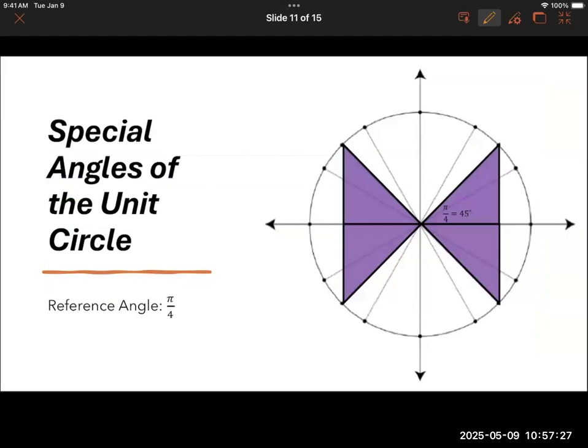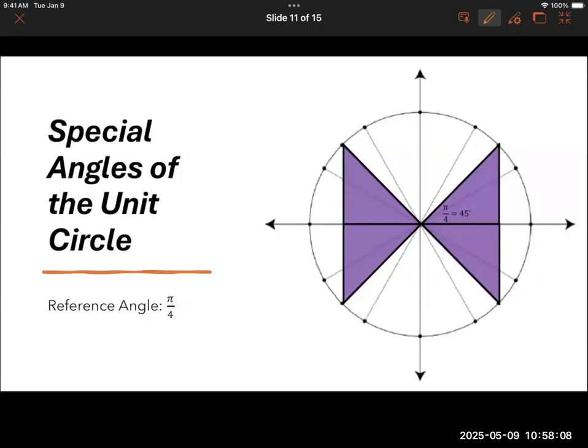So when you're talking about this unit circle, again, you see we have the circle itself and X and Y axes through the circle. And you can see there are points on the circle at different intervals around. If we take those special triangles that we talked about a moment ago and set them on the circle, we can come up with what's called the special angles on the unit circle.